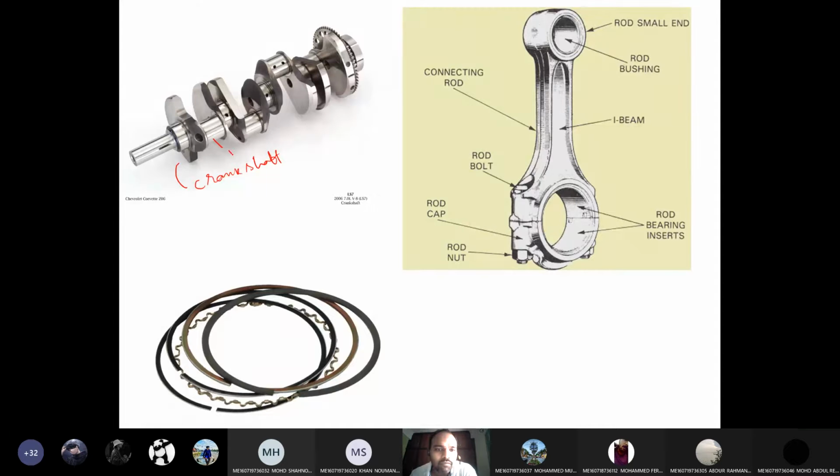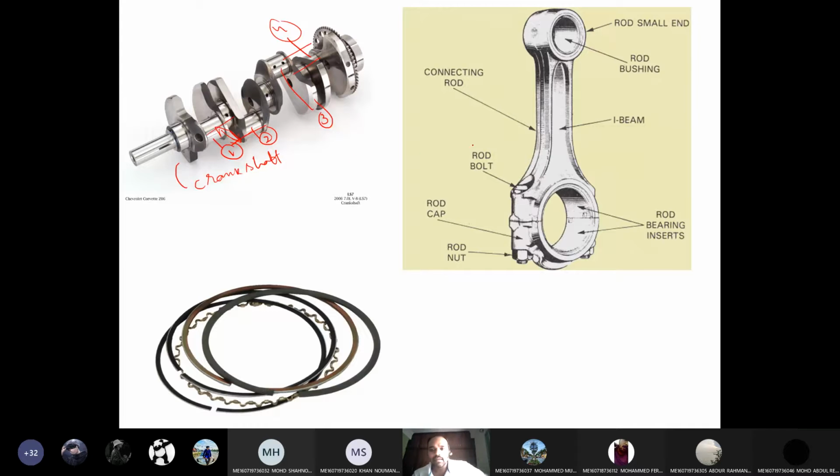There is a provision for one, here second connecting rod, third, and here we have 4. Right, you can see, are all these shafts in the same line? No, they are different. We can call this distance the offset, right? So this axis is different, this axis is different, this axis is different.